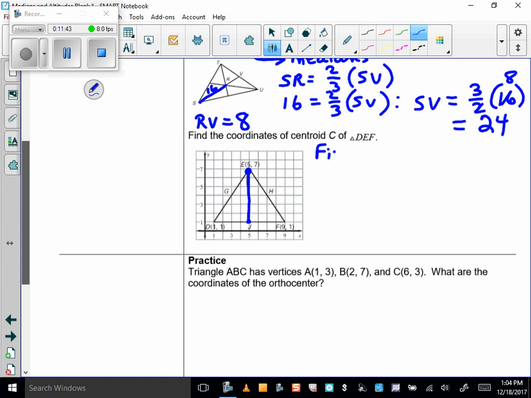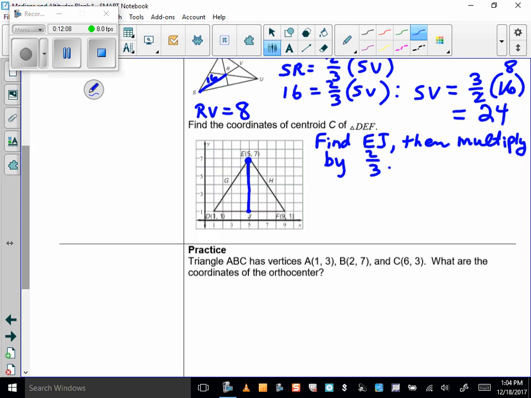So here's my strategy. Find the length of EJ, and then multiply that by 2/3, right? And this is nice because EJ is vertical, so I don't really have to use the distance formula.